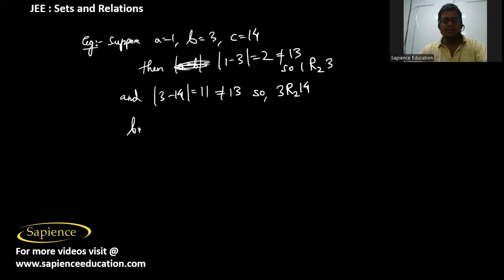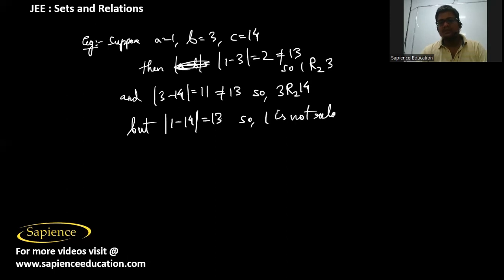But mod of 1 minus 14 is equal to 13. So it means 1 is not related to 14 under the relation R2.